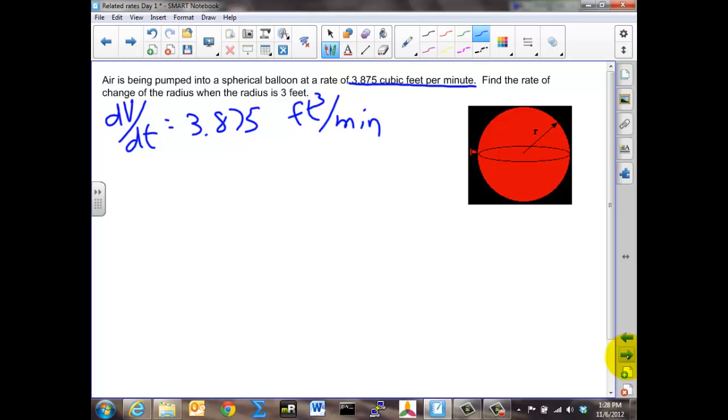Think about what happens when air goes into something: it pushes out, it gets bigger, it blows up. So we've got dV/dt. Tell me something else. R equals 3, because the radius is 3 feet. Anything else? Well, what are we looking for?